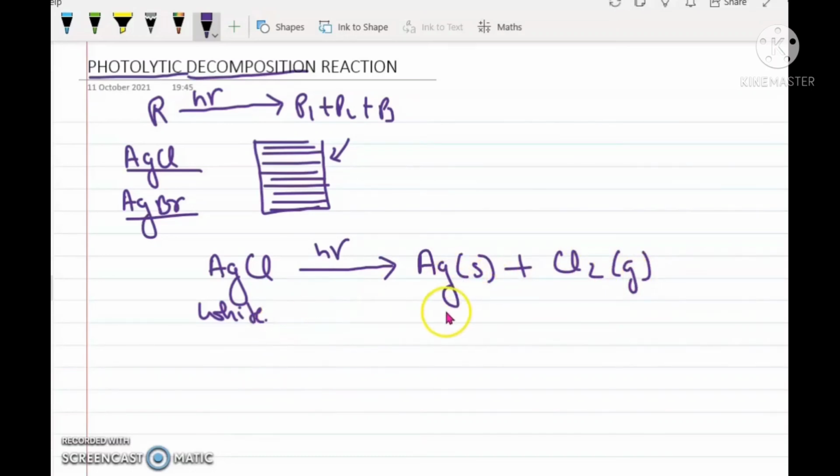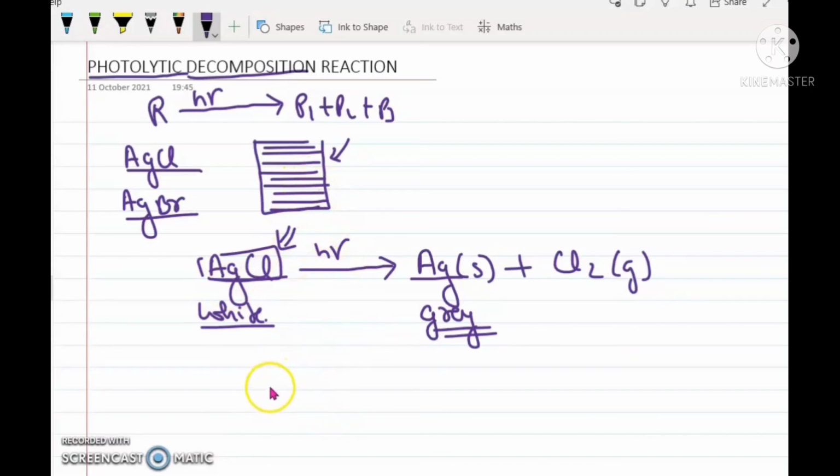Now AgCl has a different set of properties, and after decomposition it has produced a new substance which again has different properties, and it's gray in color. So it is no more usable for the places where it is actually required. So you cannot store AgCl in transparent bottles.